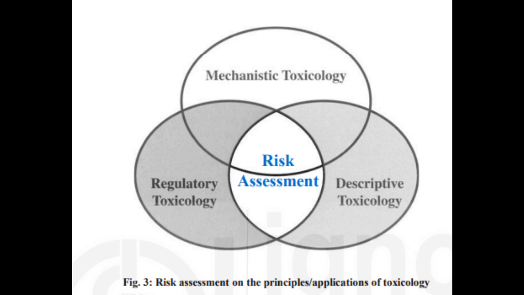Step 3. Exposure assessment. Who may be harmed and how? The amount and distribution of a hazardous substance, and the routes and locations through which the population can come in contact with the toxicant, are evaluated.